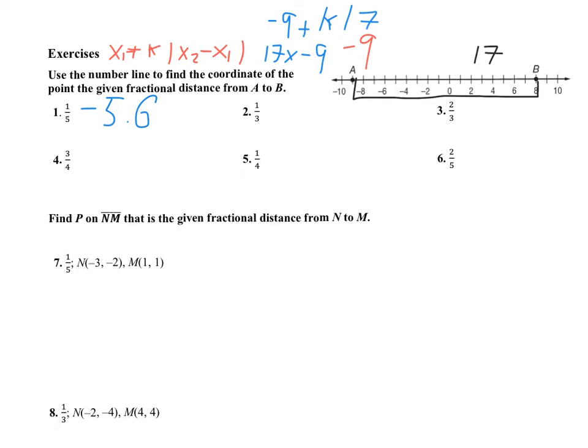If I do 1/3, 17 times 1/3 minus 9, that's going to give me about negative 3 1/3. If I do 2/3 of 17 minus 9, that should give me about 2 1/3.